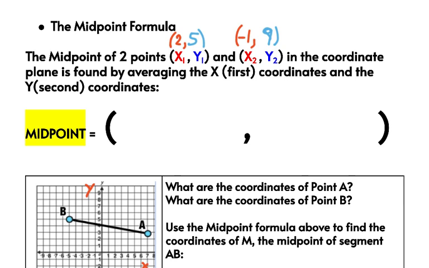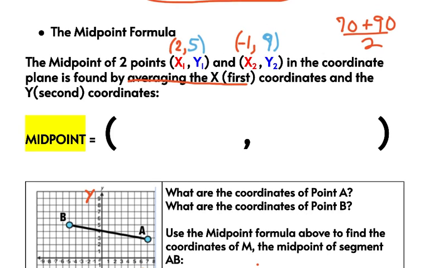Because really, all you do is you average the x's to get between the x's, and you average the y's to get between the y's. Well, you should know how to get an average. If you had 2 test scores, one that was a 70 and one that was a 90, and I said, what was your average? You should know that you add them up and divide by 2. Well, that's what we're going to do with our coordinates.